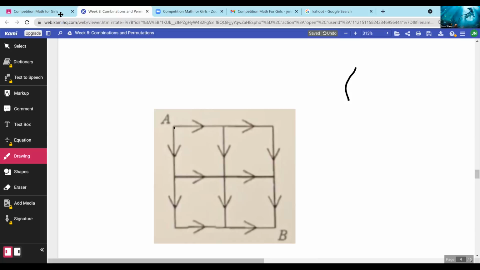And also the one to the bottom also has one way to get there. And if you go 2 squares to the right, they also have one way to get there.